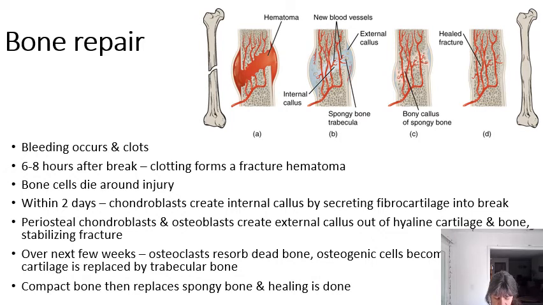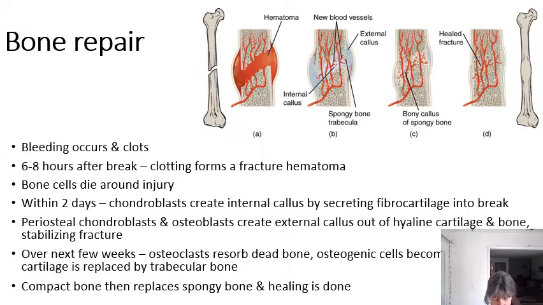Bony callus formation continues until a firm union forms between the two ends, which takes about 2 months. Remodeling begins during the formation of the bony callus and continues for several months afterward.